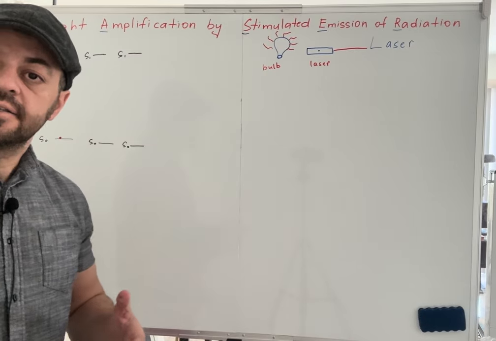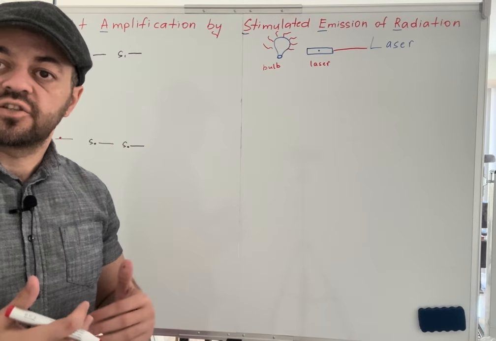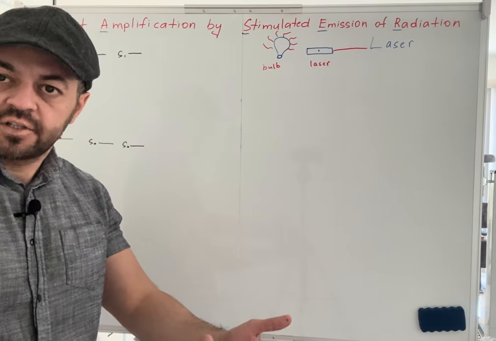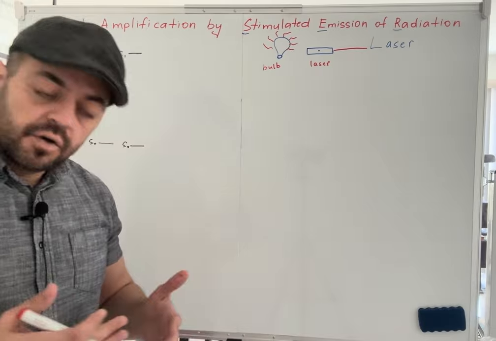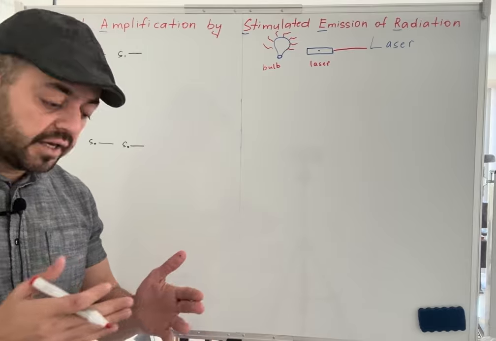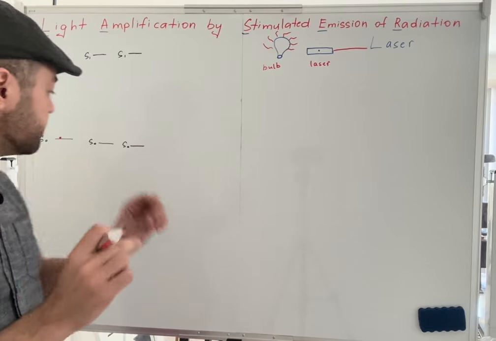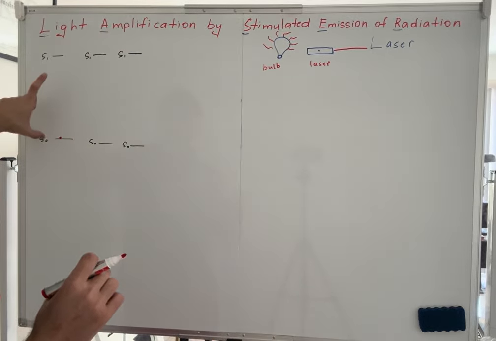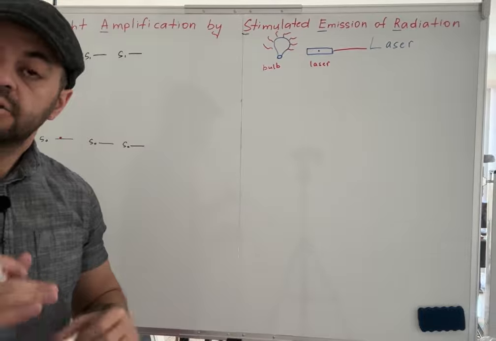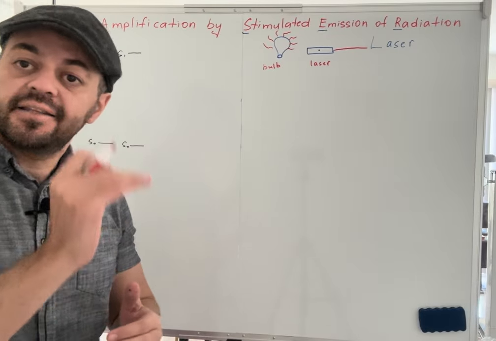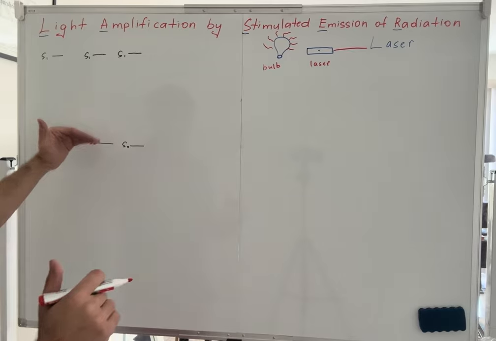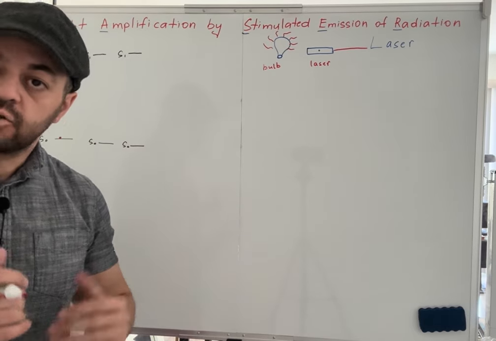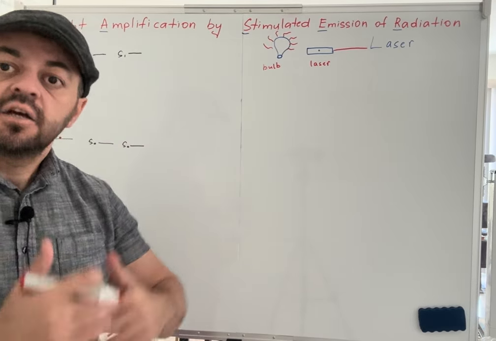In our case, it's radiation, which is typically a light source, incident light. We apply the light, and if the wavelength really matches the energy between S0 and S1, it will excite that molecule from the ground state to the excited state. So it promotes from ground state to excited state.